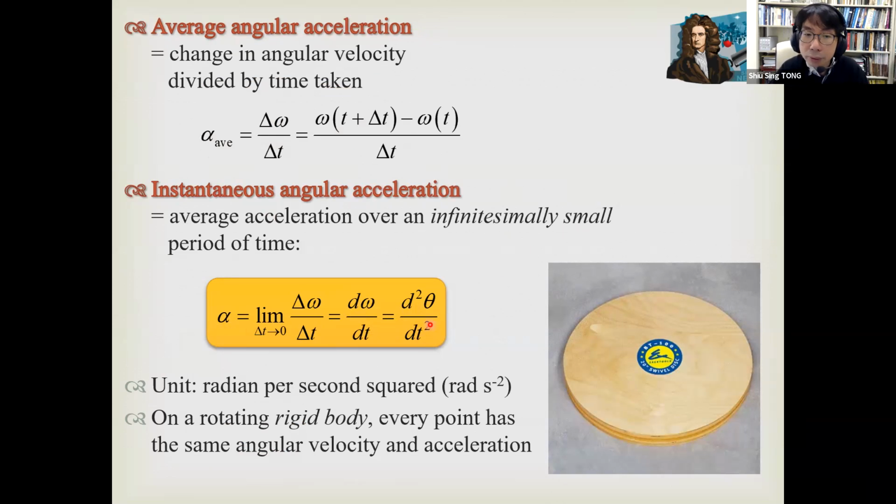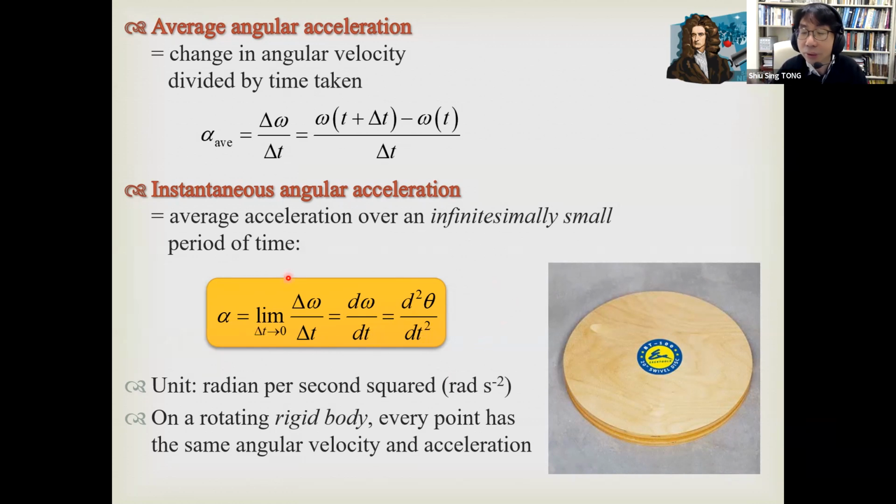You see, the whole formula set is just the same as in the linear case. For the linear case, I differentiate x and I get the velocity v. I differentiate the velocity once more and I get the acceleration. For the angular case, you denote the position by the angle theta. When you differentiate the angle once, you get the angular velocity omega, and when you differentiate once more, you get the angular acceleration alpha.